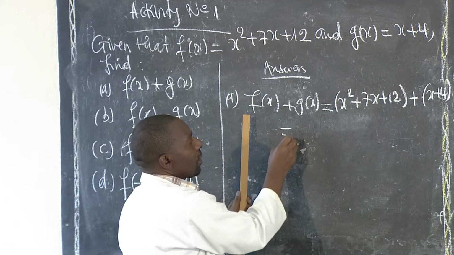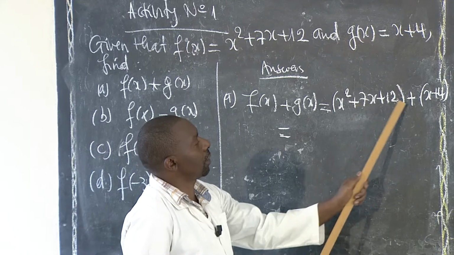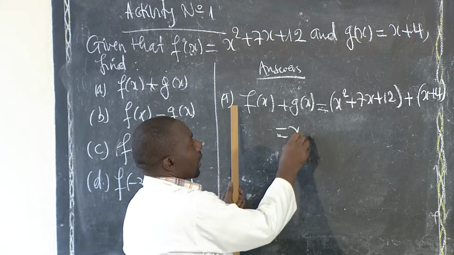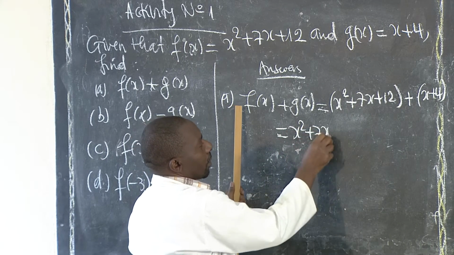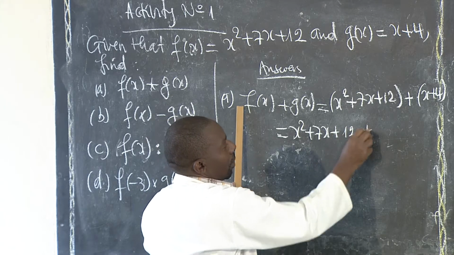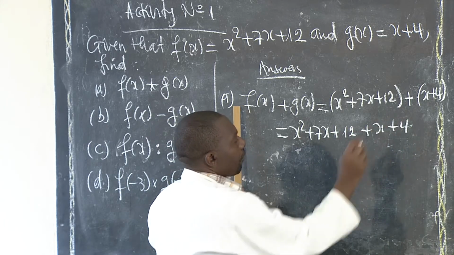Removing the bracket, we have x squared plus 7x plus 12 plus x plus 4.